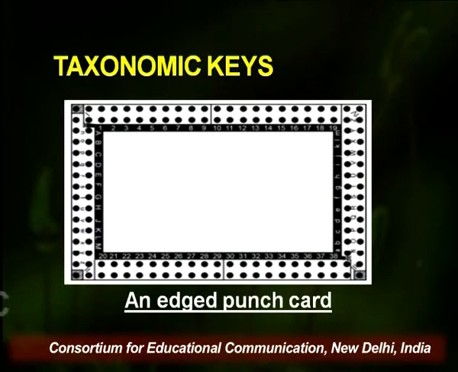This slide shows an edge punched card. You can see that in the center of this edge punched card is a taxon, and at the margins you can see there are holes all over, each of which represents a single attribute.